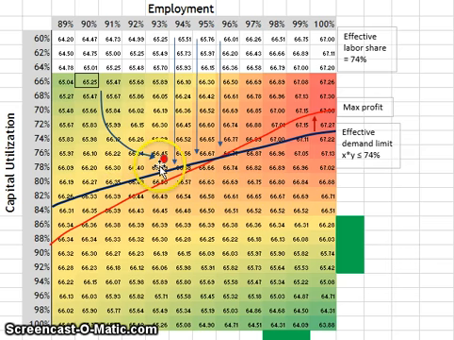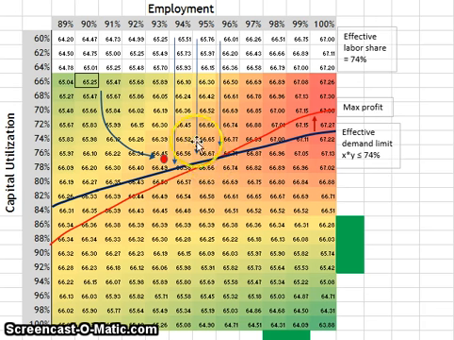As employment is coming down, capacity utilization is staying even. It's actually come down a little bit. And what this graph is showing is that as employment comes down, capacity utilization will either stay steady or even decrease. So if you go up this line, capacity utilization is decreasing.